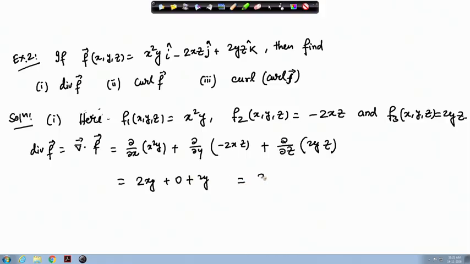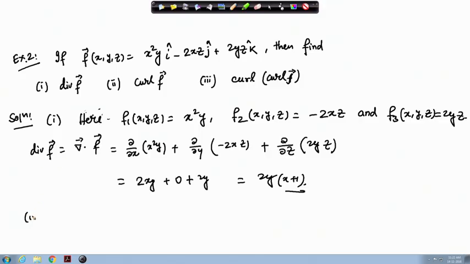If I take 2 y common, then this will be x plus 1, and that is the required divergence of f. All right. So, this is what we obtain as the divergence of f.